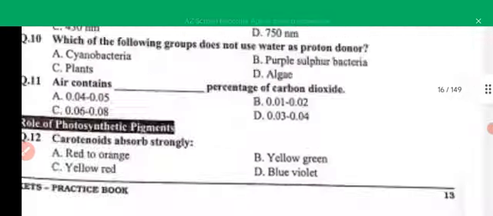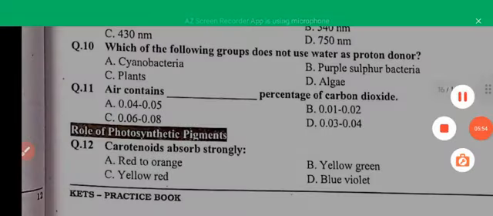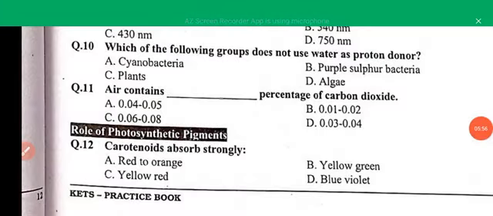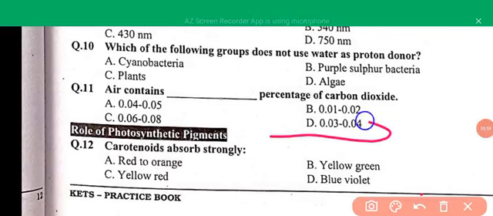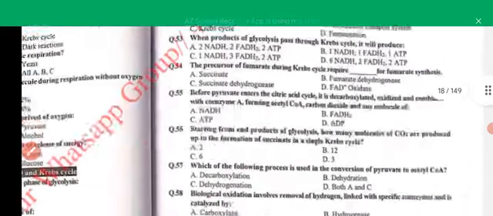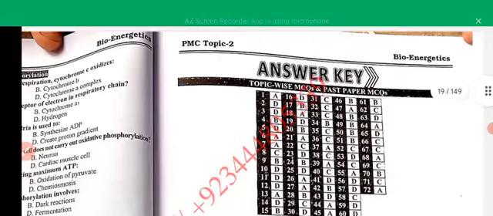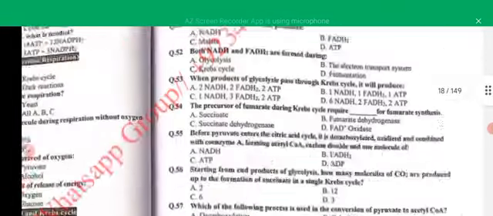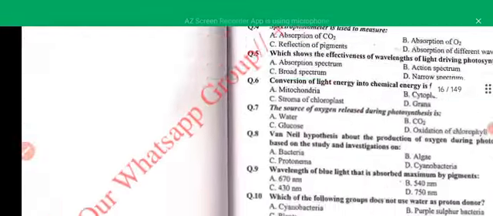And then another MCQ: the percentage of carbon dioxide in air, which we have followed before. Air contains 0.03 to 0.04% carbon dioxide. Then check whether the key is correct or not. The 11th is D, that is correct.